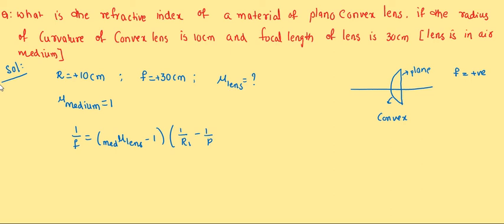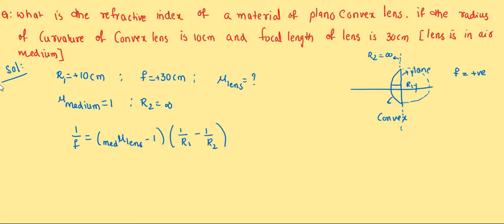It's a plano-convex lens, that's why r1 is positive, r1 is plus r, but r2 is infinite because the second surface of a plano-convex lens has an infinite radius of curvature. In theory we discussed that R1 is on the right side, so R1 is positive.